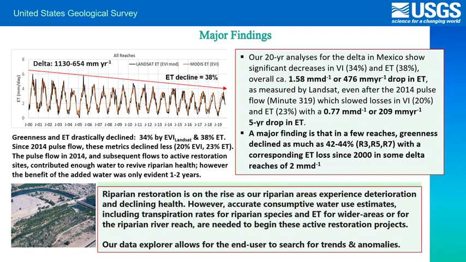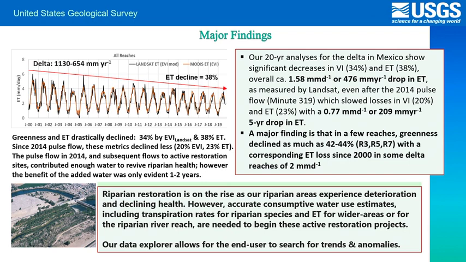Overall, we see a decline of riparian vegetation from 1,130 millimeters in 2000 down to 654 in 2020, a decline of 38%. But restoration is on the rise, and our riparian areas experience deterioration and declining health.